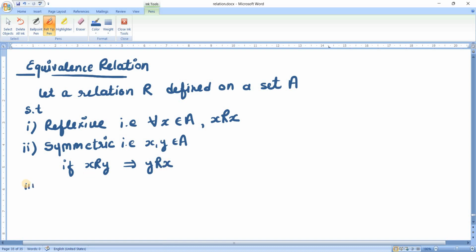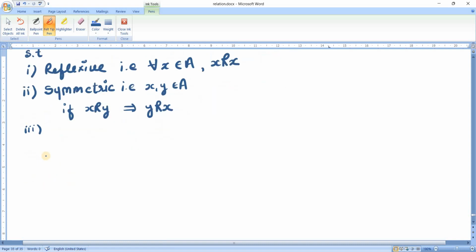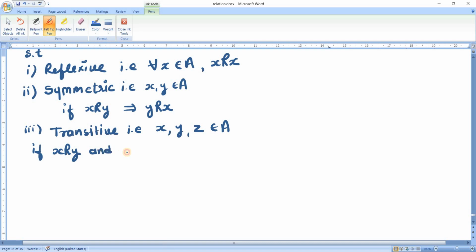And the third condition, which should also be true, is that it should be transitive. We have already seen the definition of a transitive relation. Let's see what we mean by it: for any three elements x, y, and z that belong to set A, if x is related to y and y is also related to z, then this should imply that x is also related to z.